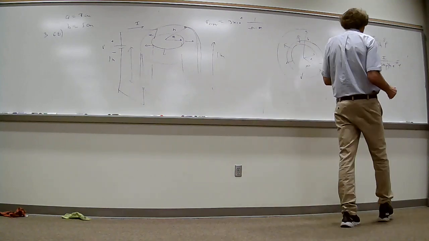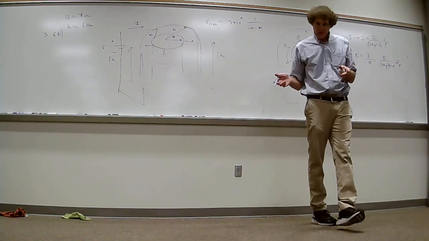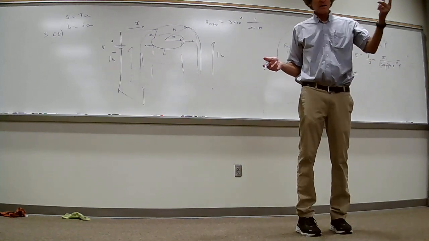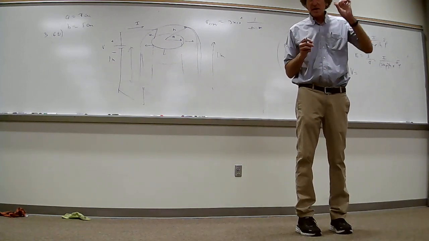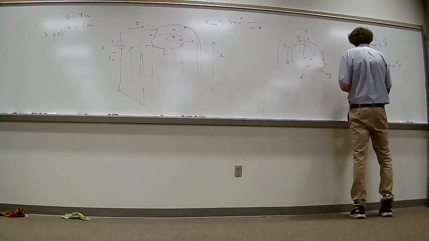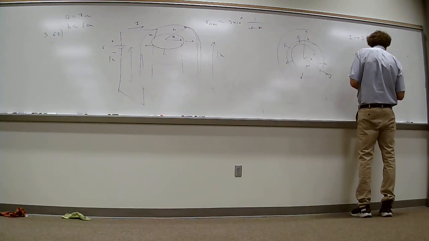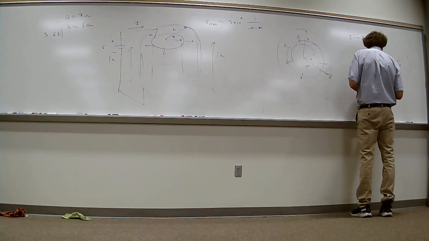All right, now I have E. What's the final step always going to be? V. How do you get V? Integral. Integrate E from the inner to the outer surface, right? And it's always positive. So I'm going to integrate this E, which is I over 2 pi rho times h, h is 1 so it doesn't matter, times sigma.